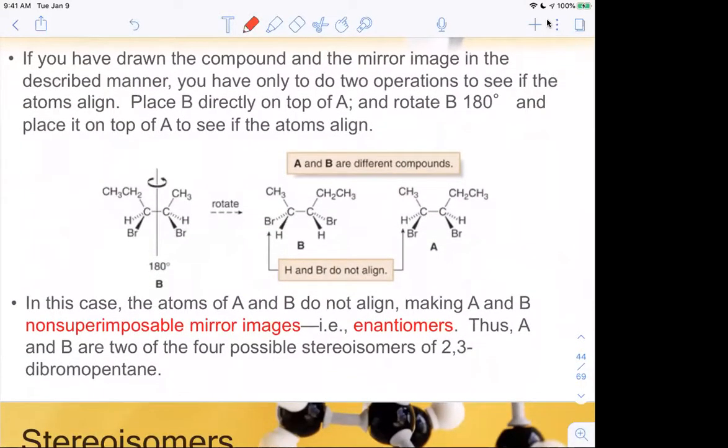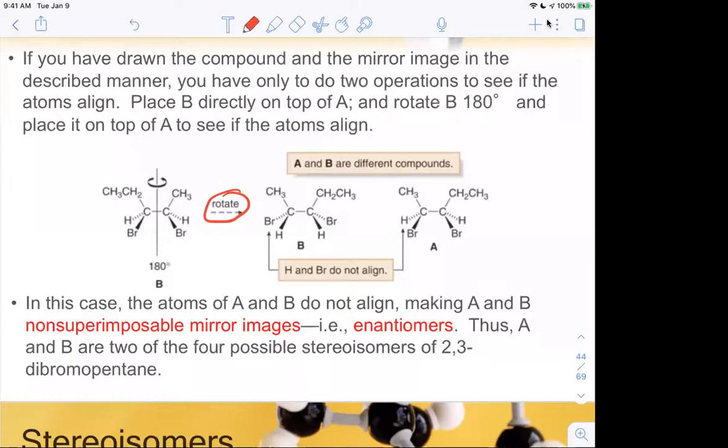Now, I'm going to check to make sure that I have enantiomers. I want to make sure that those are not superimposable mirror images, right? So I'm going to take one and rotate like we did before.